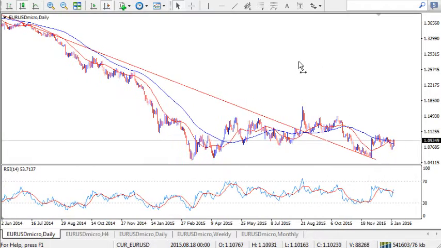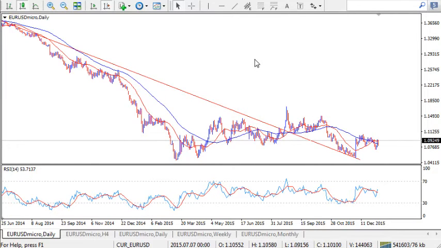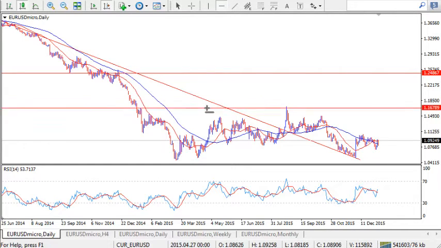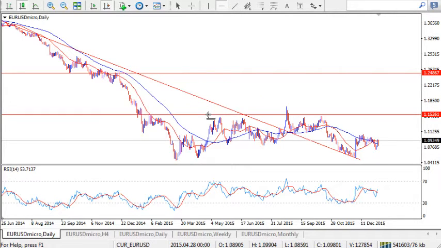We're gonna now move to the concept of support and resistance. There are two kinds of support and resistance. The one is the static support and resistance levels, and those are levels like this one here, and for example this one here.